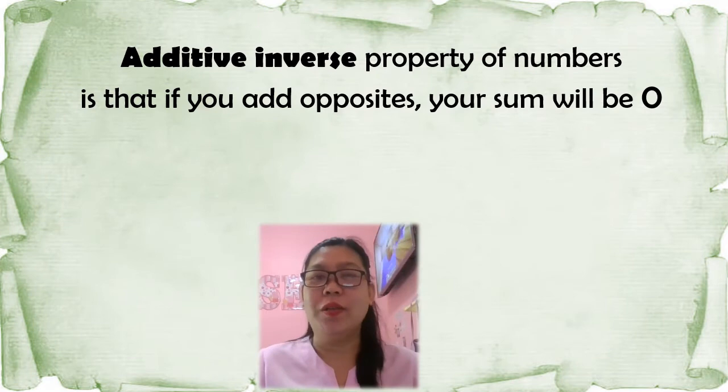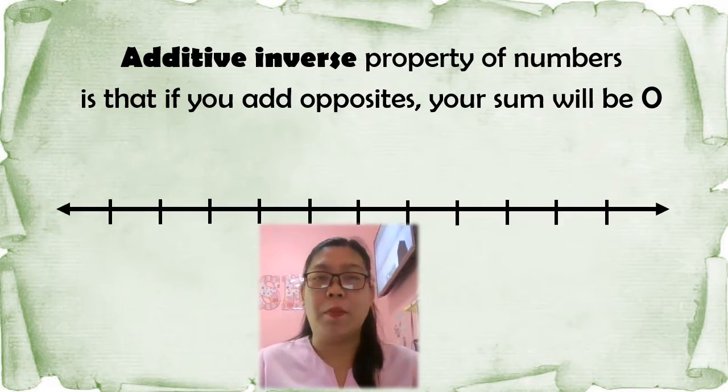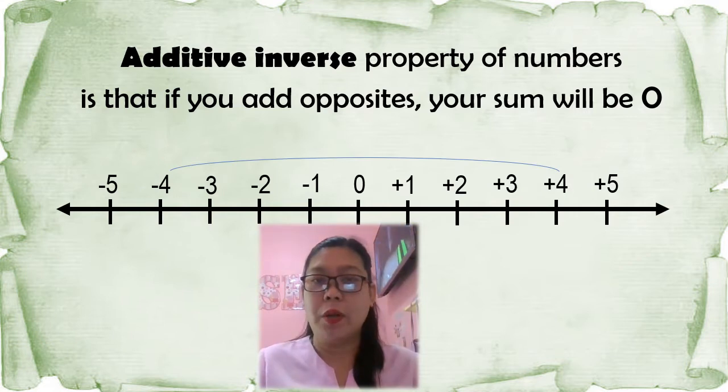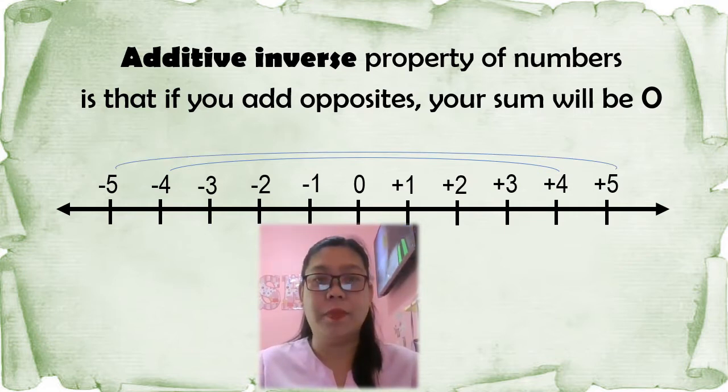In connection with opposite integers, we have the so-called additive inverse. Additive inverse property of numbers is that if you add opposites, your sum will be 0. As our previous example, negative 4 plus positive 4 will give us a sum of 0. Same with negative 5 plus positive 5.